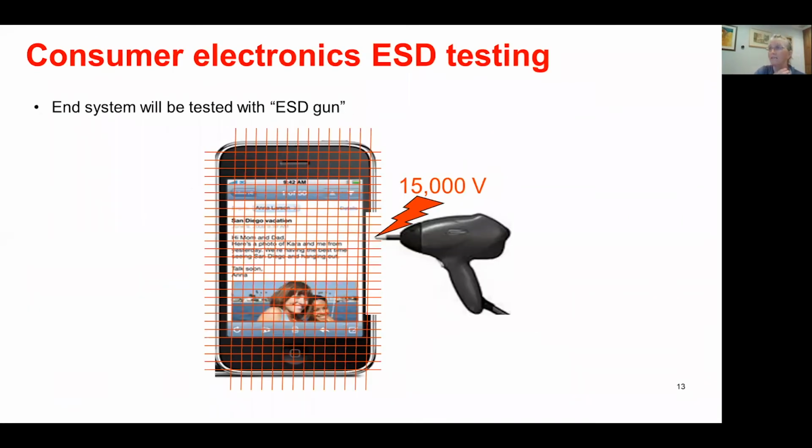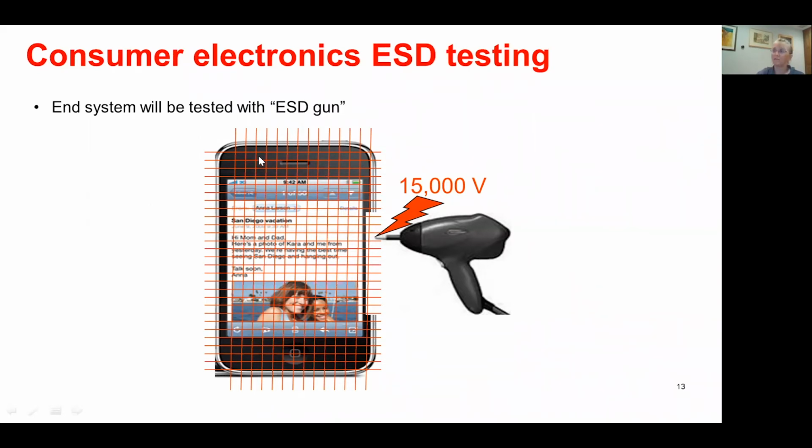How is it tested? So again, this is tested with a system that replicates a discharge. We call it an ESD gun. So the ESD gun is used to discharge to different points in the system. In this case, there's a grid.